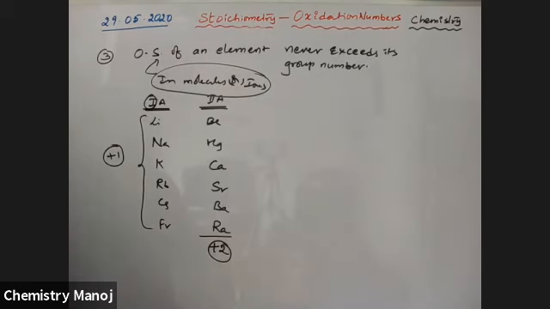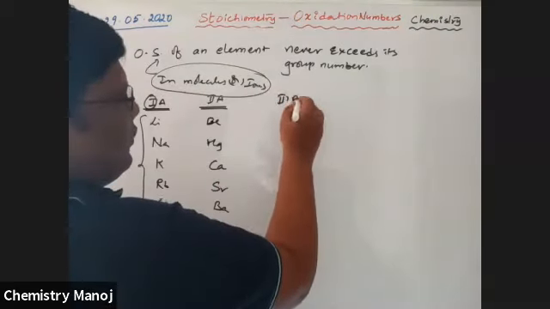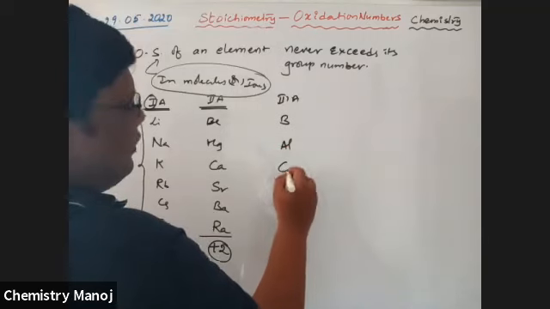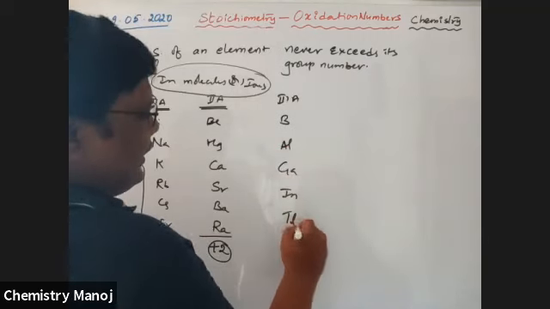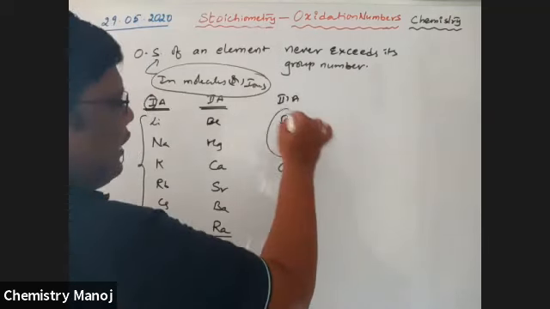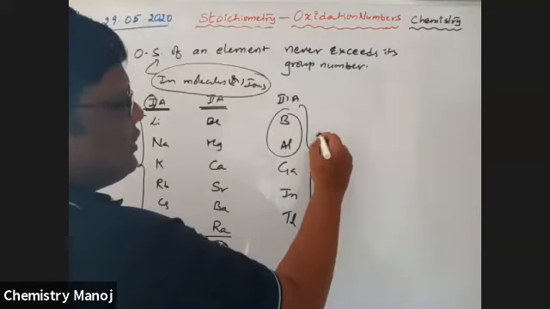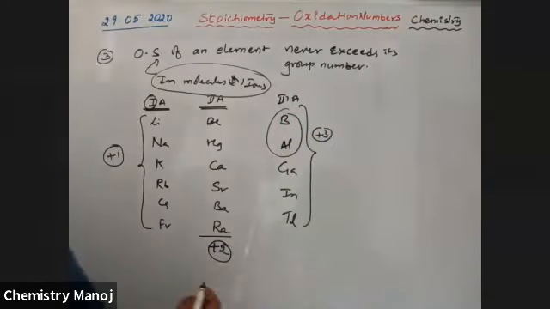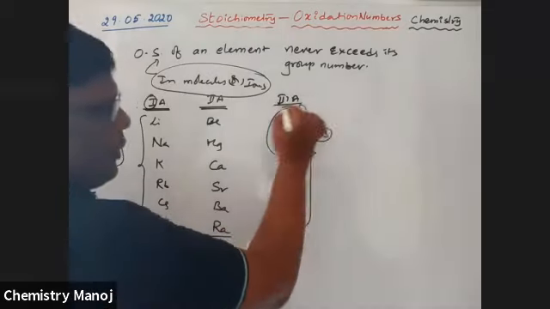Next, for 3A group elements, that is boron, aluminum, gallium, indium, thallium. For these elements, oxidation state is plus 3 because it is the third group element.